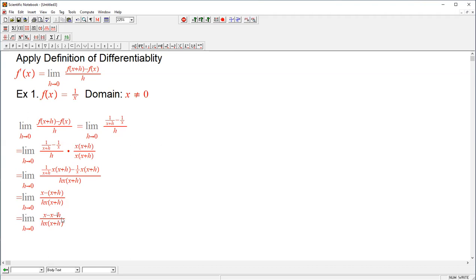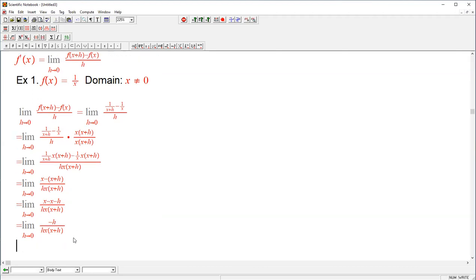On the top, we have minus h left. Let's write one more step. That h reduces with the h in the denominator.